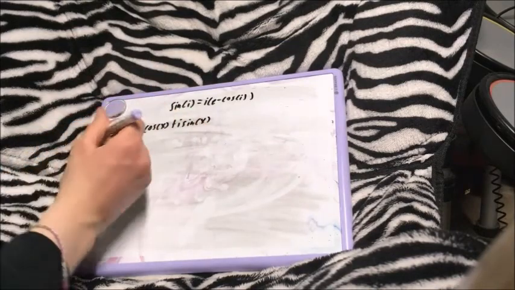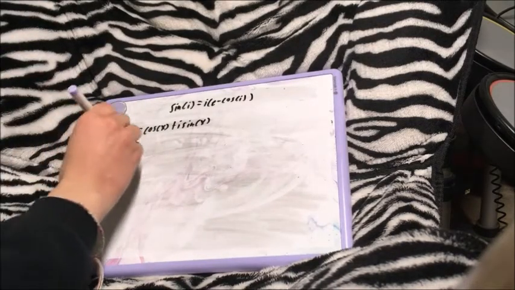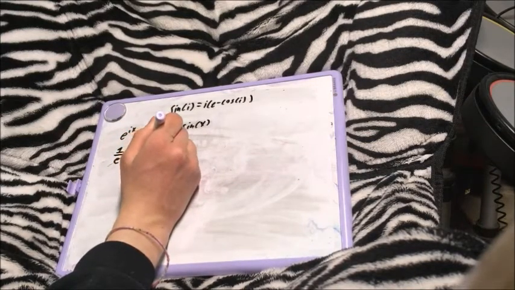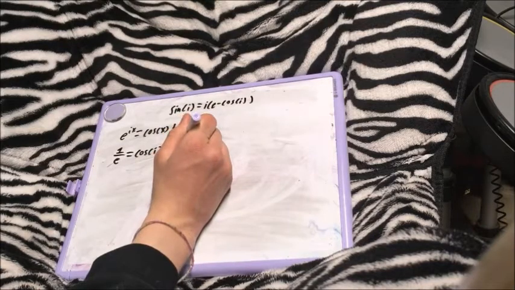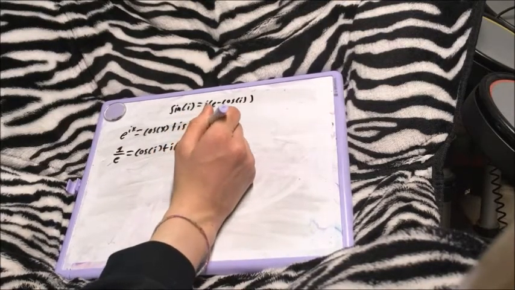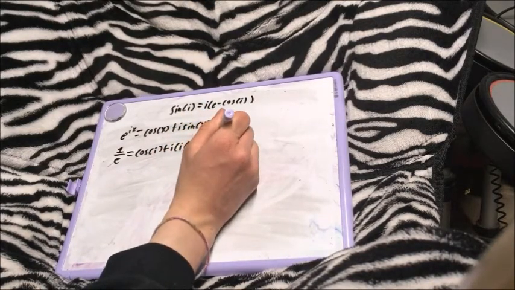If we input i for x, we're going to have e to the negative 1, because remember, i times i equals negative 1, which, for mental convenience, I'm going to write out as 1 over e, is equal to cosine of i plus i sine of i, so we can substitute that with the sine of i definition here: i times e minus cosine of i.